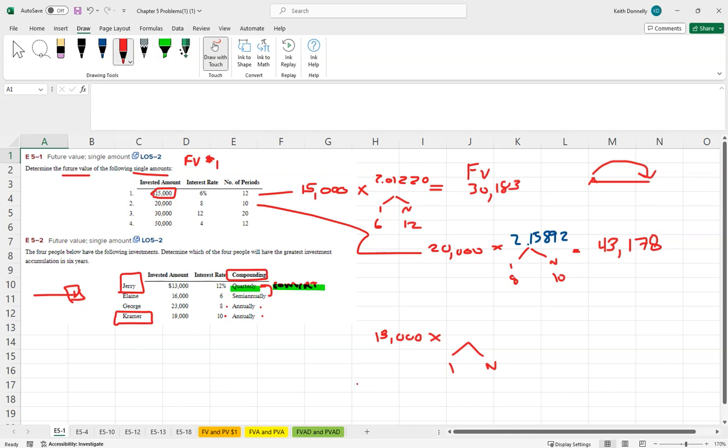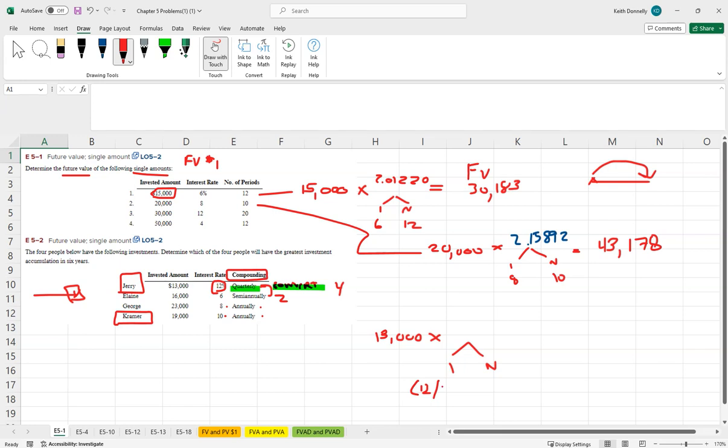So what we'll do in this case is, the I is 12%. So we'll take 12% and divide it by the number of compounding periods: quarterly, that's 4 times a year; semi-annually, that's 2 times a year; monthly, that's 12.